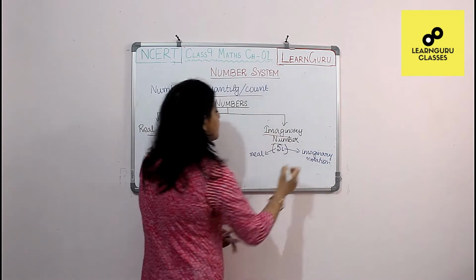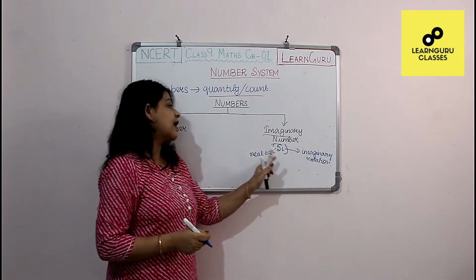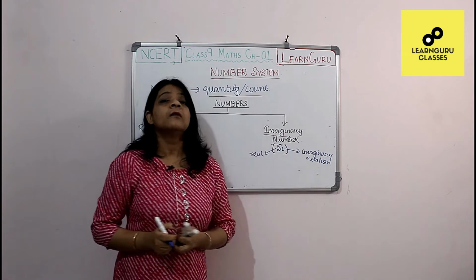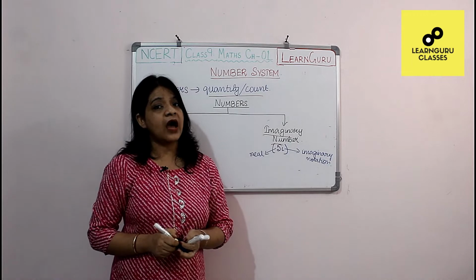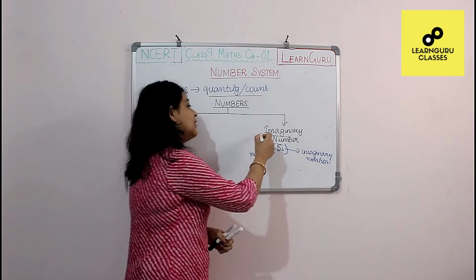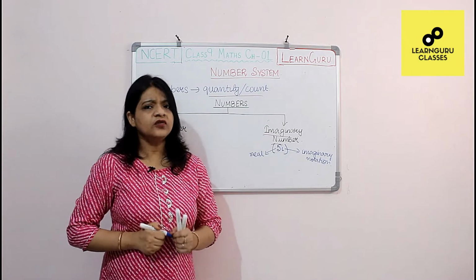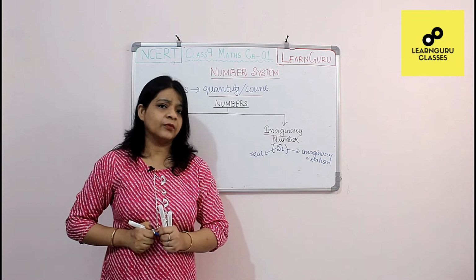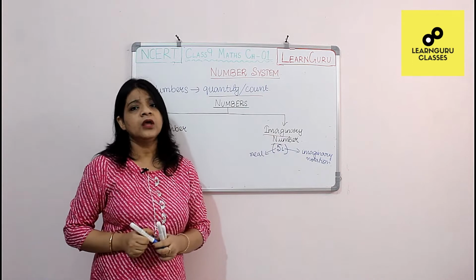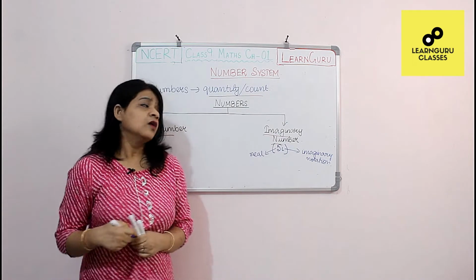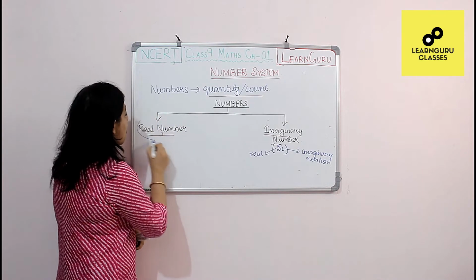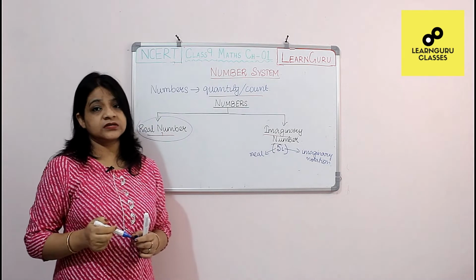Whenever any real number is accompanied by the imaginary notation i, it makes it an imaginary number. We are not going into the details of imaginary numbers. You will study them in your higher classes. So we will focus only on real numbers.